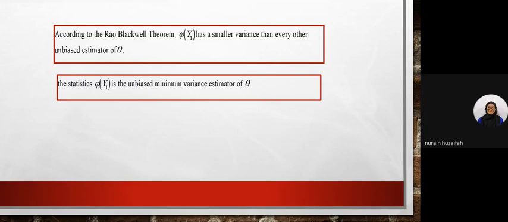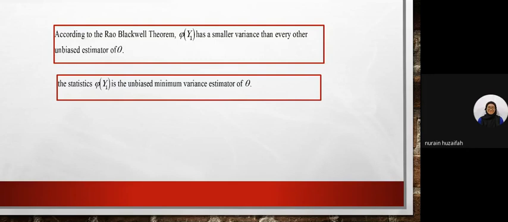So this is the second part, uniqueness. We define uniqueness: first the sufficient statistic, then we show that the sufficient statistic is an unbiased estimator of theta, and then we determine that the family of g1(y1; theta) is a complete family.